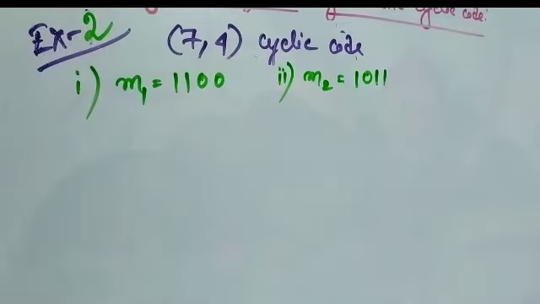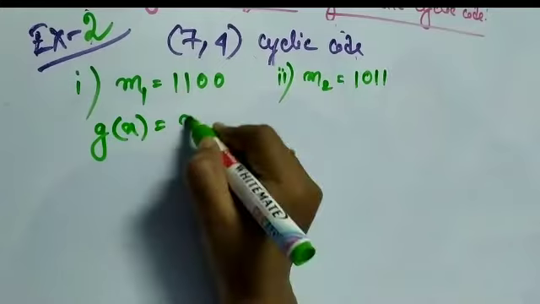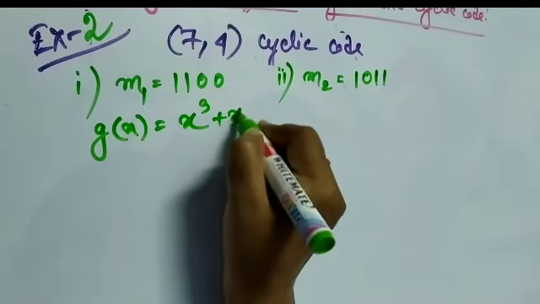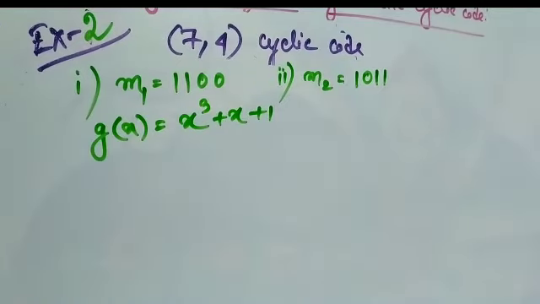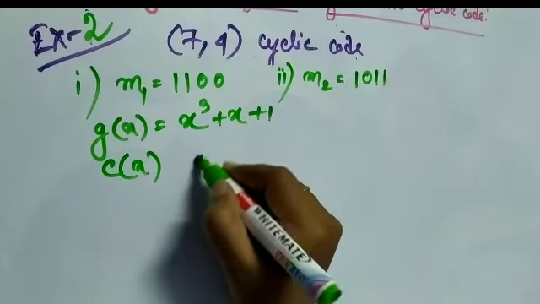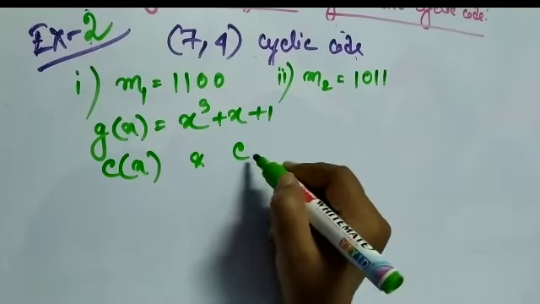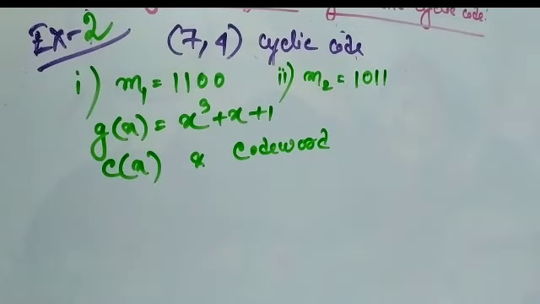These 2 message bits are given to you. And a generator polynomial is also given to you, which is x cube plus x plus 1. Your task is to find Cx and the code word, that is C. It is your task. Try it yourself.